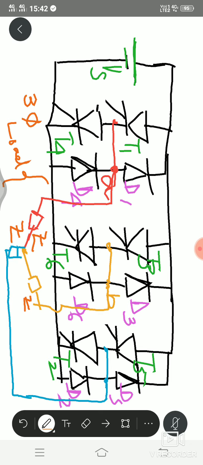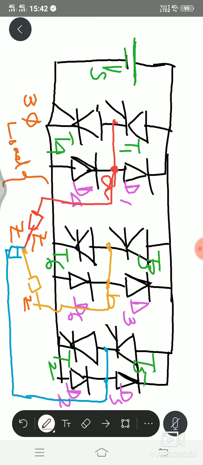So we have got upper group of thyristors 1, 3, 5, lower group of thyristors 4, 6, 2, and to each thyristor we have got back-to-back connected diodes. Like T1 is connected in parallel with D1, T4 is connected with diode D4. Likewise, all these things are connected.